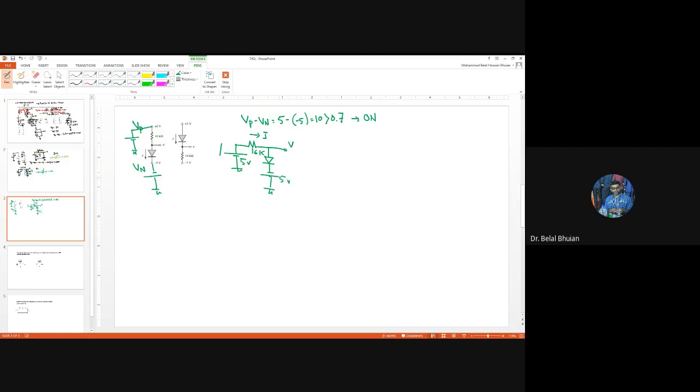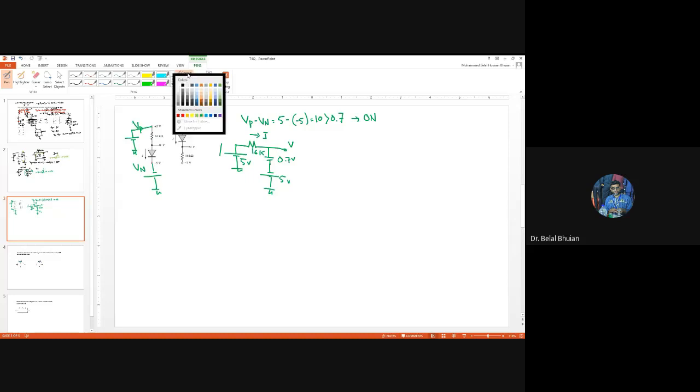Okay. So now I know that the diode is on, so we can replace the diode with 0.7. Then you can apply KVL.